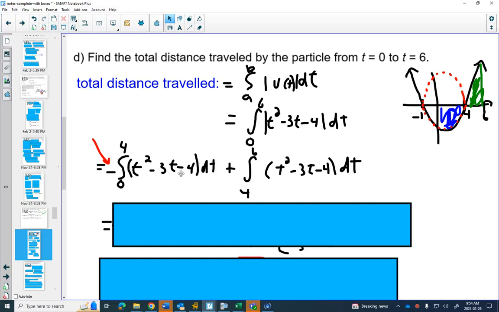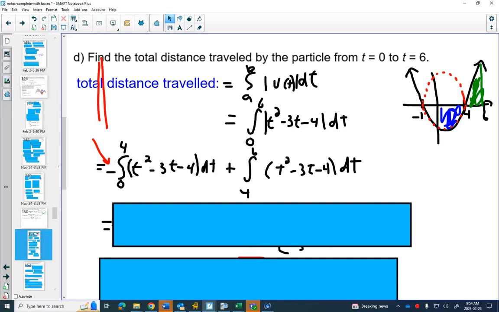You could also show in your work here, if you wanted to not have that negative sign there, you could have put absolute value bars around that first part, because you know that that's the negative part, and we need to make it positive in the end anyways. So however you want to show that, that's fine. That's up to you, personal preference. But we know that that blue part is negative, and we need to make it positive.